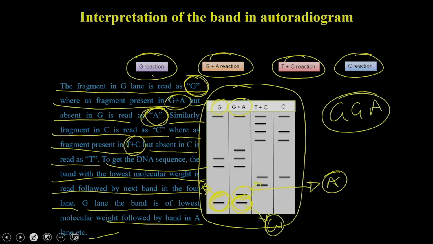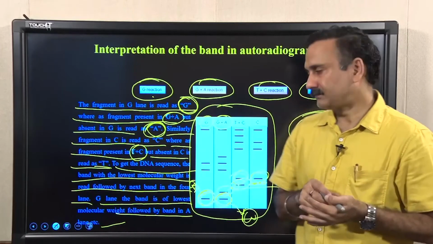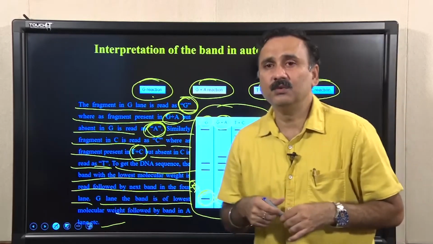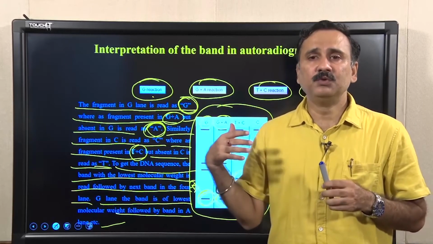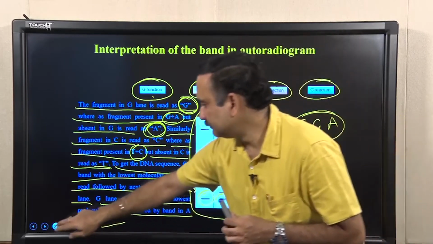Similarly, if a band is only in T plus C, it is considered a T, because there is no band in the C reaction. But here, this is a C, and here this is also a C, because it is of the same molecular weight. So that is what you have to do when you would like to utilize the Maxam-Gilbert method to do the sequencing.